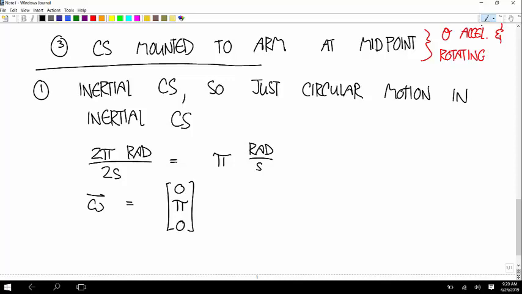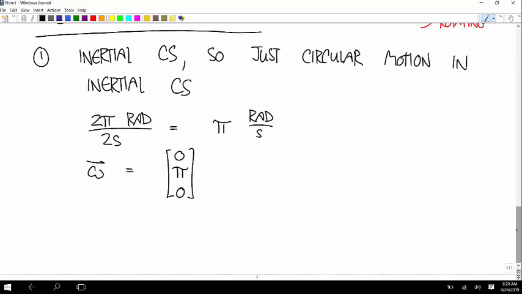Our coordinate system isn't moving. It's like a camera and all it sees is the wall. So this doesn't have anything to do with the motion of the coordinates.